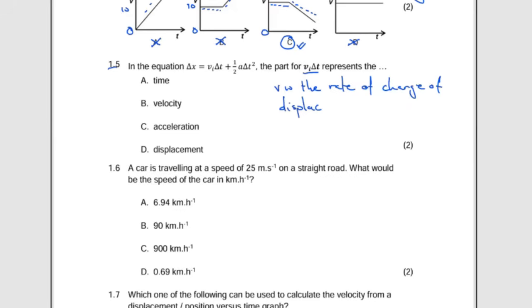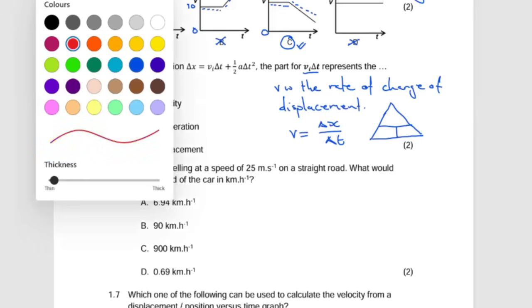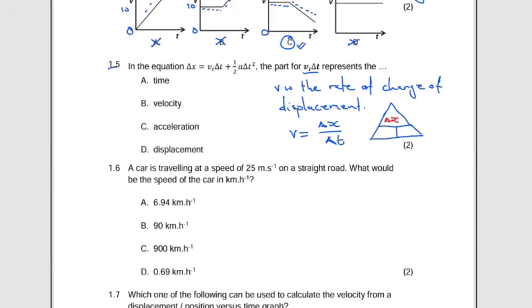So by formula, I'm going to say v is equivalent to delta x all over delta t. Back to this triangle that we usually use, if I can draw it like that, allow me to change color so that we can represent these values. At the top we're going to have my delta x, which is my displacement, then my velocity as well as my delta t.